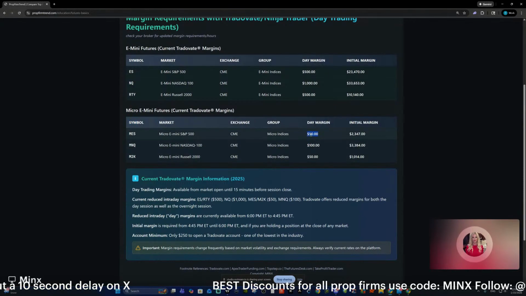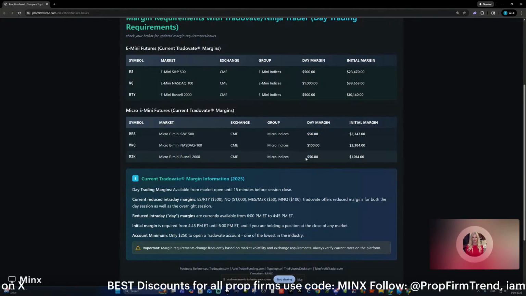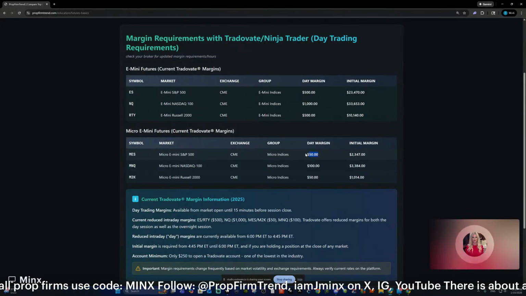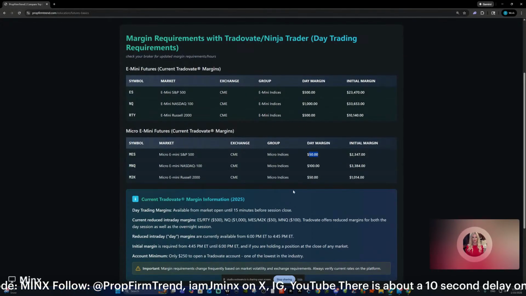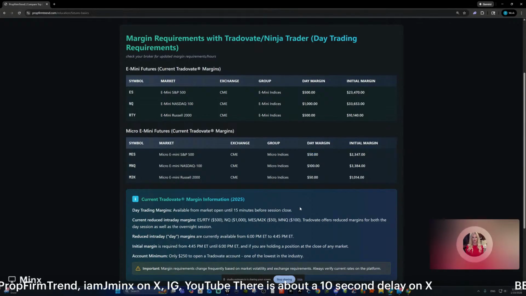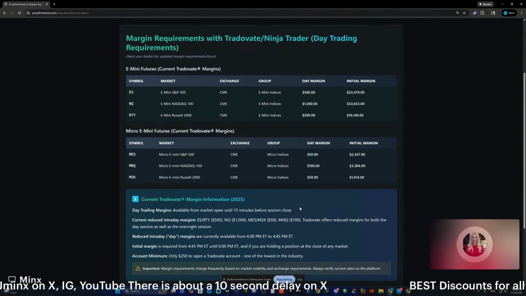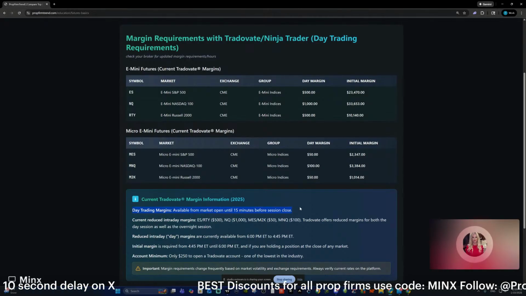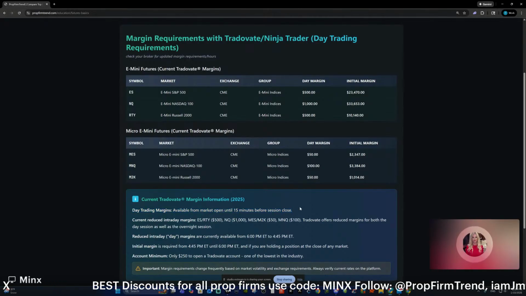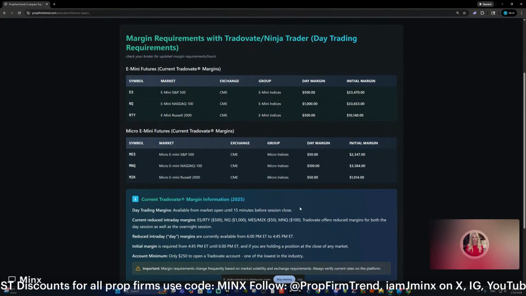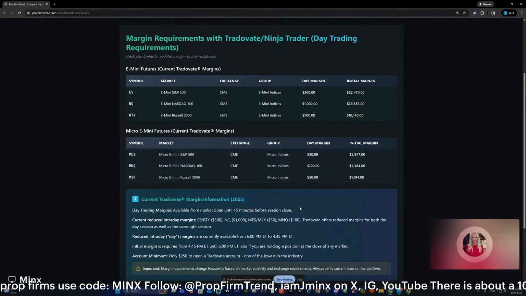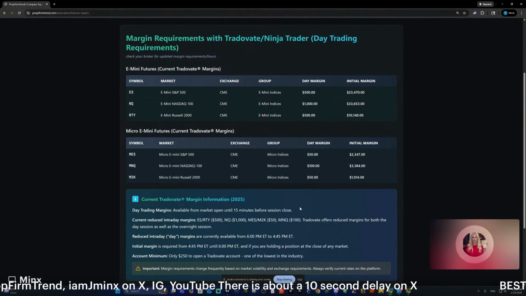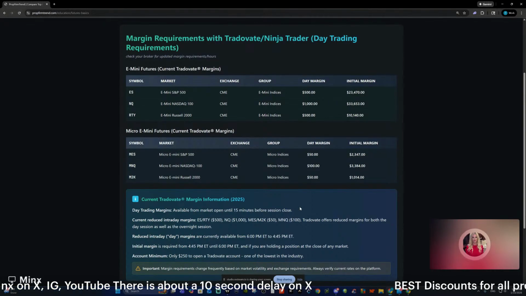The day trade margin for ES is going to be $50 for one contract, and that's for you to be able to trade it between 6 p.m. Eastern until 4:45 p.m. Eastern. However, when you are learning, go to either site, they have sim accounts. Play with the sim account before you put in any money.